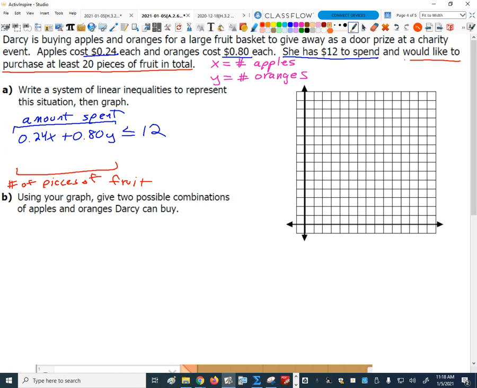Is that just the 20 pieces in total? Sure, but the 20 pieces is what she wants, at least 20. So something needs to be greater than or equal to 20. But what's the expression in terms of our variables that tells us how many total pieces of fruit she's buying?